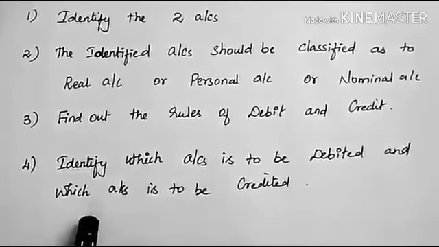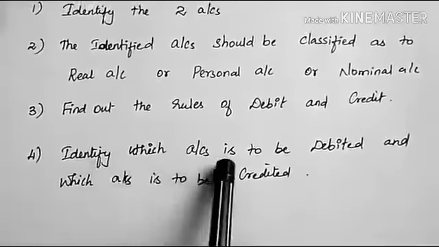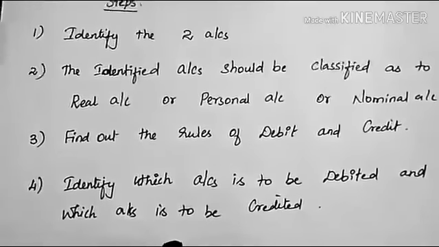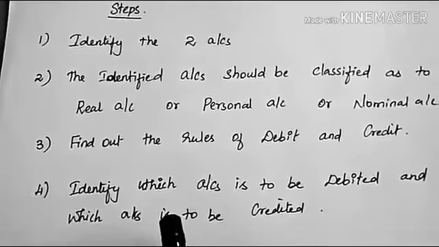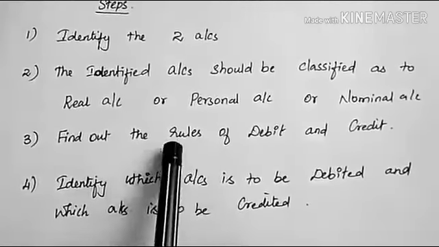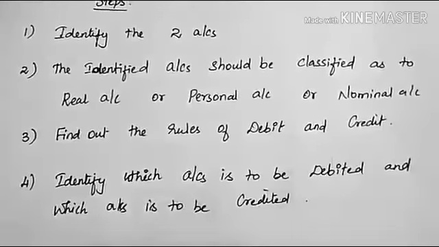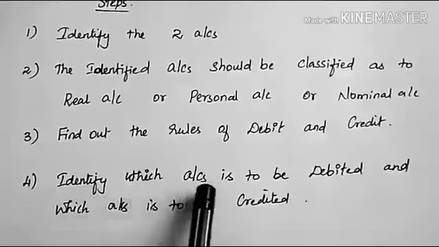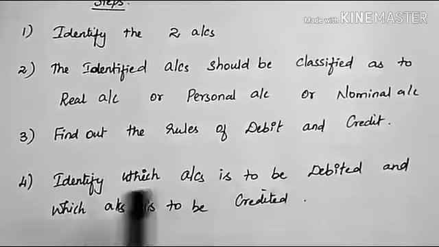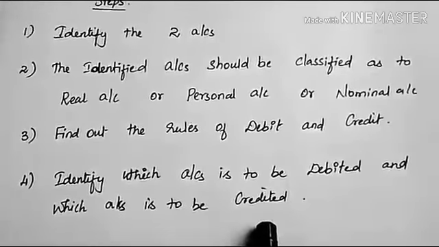The fourth and last step is to identify which account is to be debited and which account is to be credited. In this particular transaction there are 2 accounts, the salary account and the cash account. After finding the rules of debit and credit, finally you need to identify that the salary account is to be debited and the cash account is to be credited. Why?